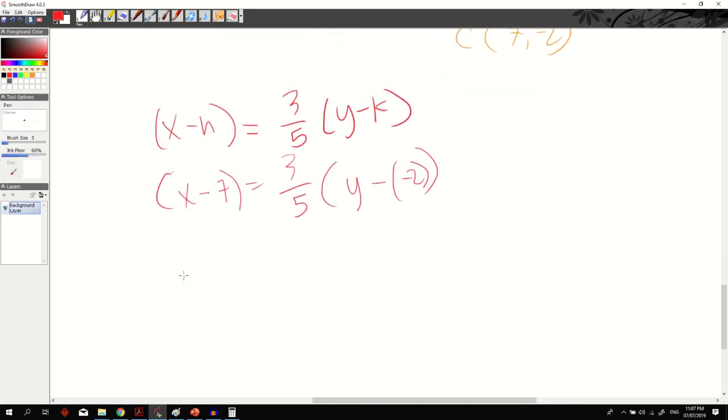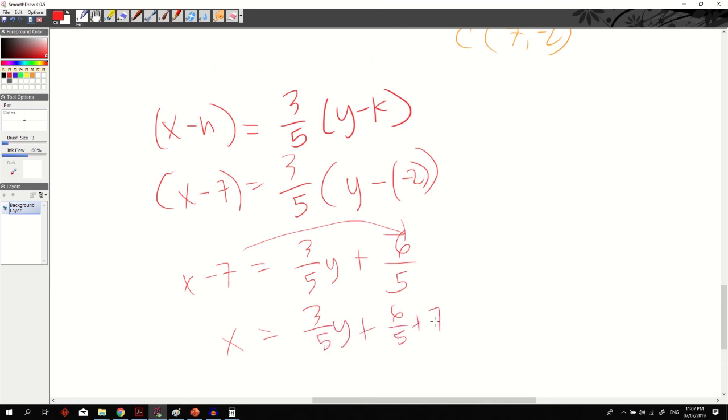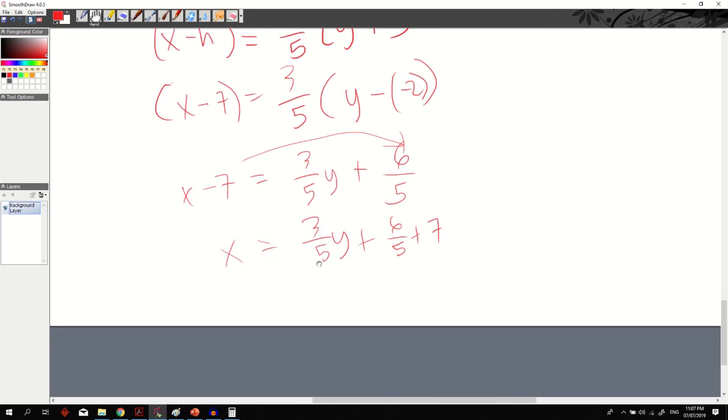So x minus 7 equals 3 over 5 y plus 3 over 5 times 2. Wait, what is 3 times 2? 6 over 5. Then we transpose that one, so x equals 3 over 5 y plus 6 over 5 plus 7. Okay, so we have that now.